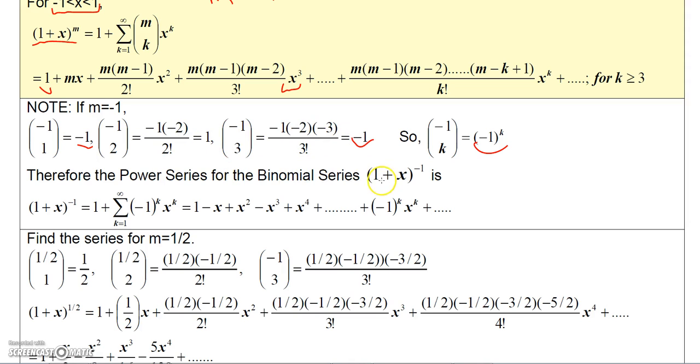So the binomial series for 1 plus x to the -1 can be written as 1 minus x, and then plus x squared minus x cubed plus x to the fourth, and so on, where the kth term is -1 to the k, x to the k. Now, I know sometimes I use n for the index. Here I'm using k.